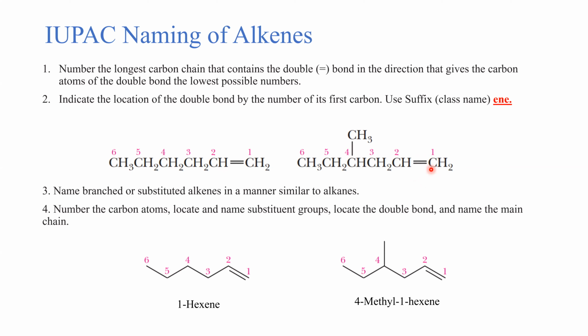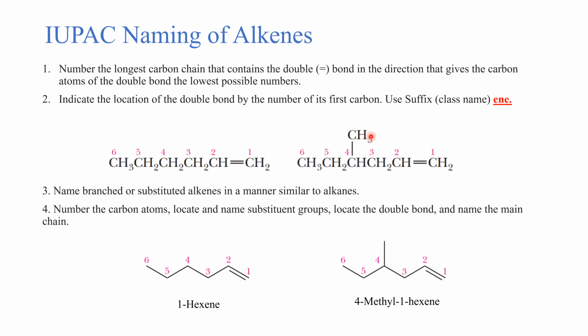If it is at the terminal or at the end of the compound, that's fine. But if it is at the second or third carbon, even then you pick the side where you can assign the lowest number to that double bond. If there is any substitution, like this methyl one, its pattern to name is the same as alkane.